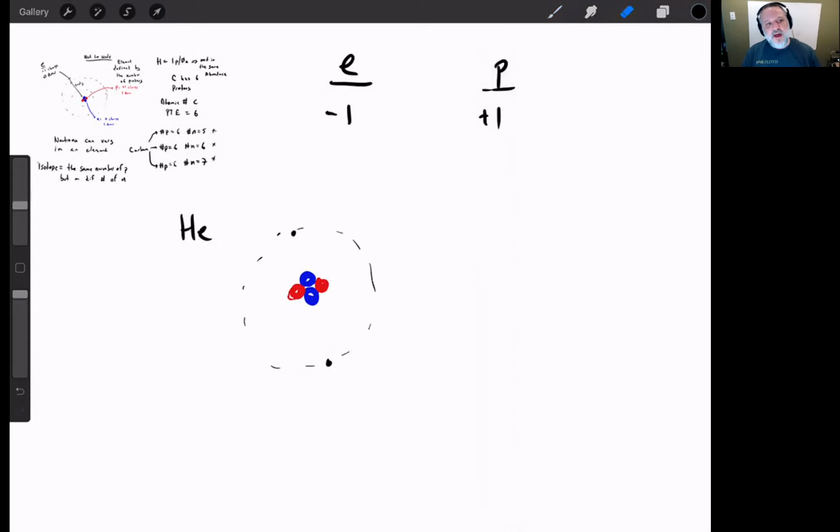If I were to talk about the charge of the atom itself, then what I would need to do is add up the charges of all of the individual particles.